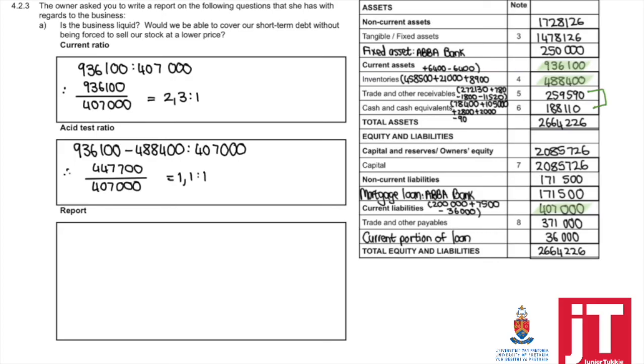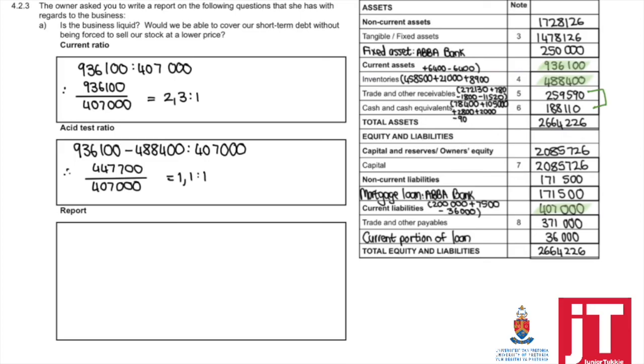So when we need to comment on that, we compare last year's figures with this year. We don't have last year's figures, so we cannot compare it to last year. Then we can look at these two, and I always refer to them as the BFFs. They are best friends forever. We can look at, is the business liquid? Does our current assets exceed our current liabilities?